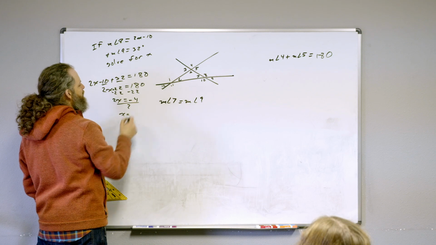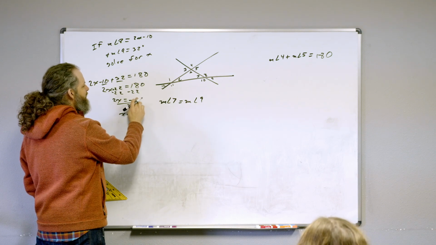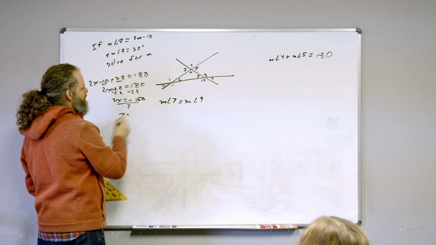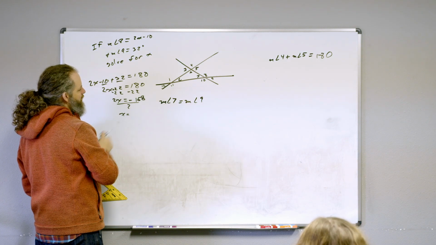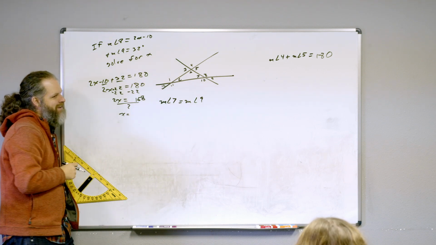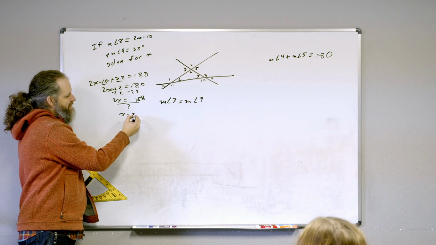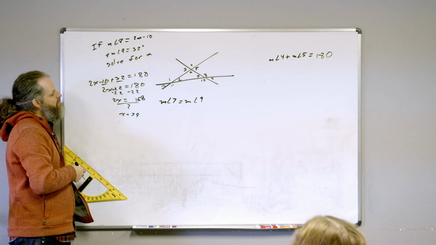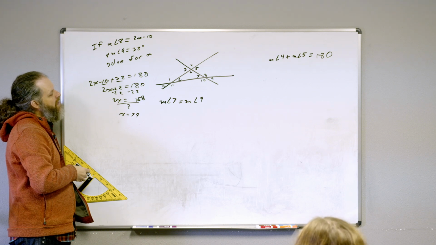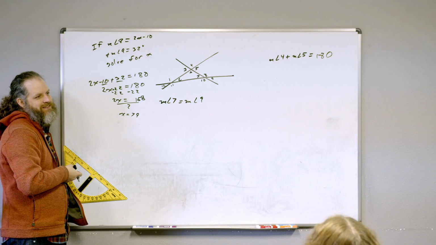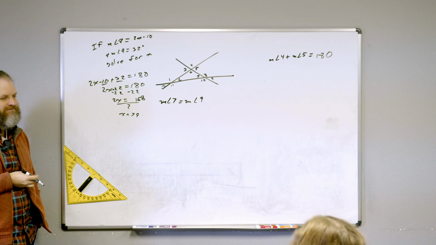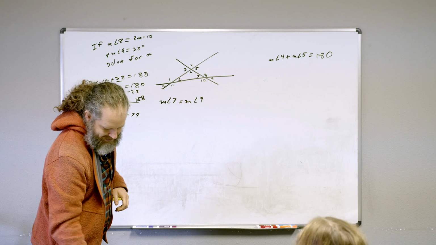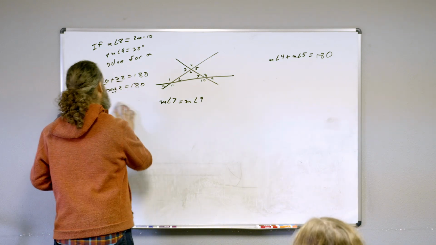Oh, there we go. That's going to make more sense. 158 divided by 2, which is going to be 79. That makes much more sense, because then 79 times 2 minus 10 would be the measure of angle 8, which is much more reasonable, right? Easy money? Haven't done anything that scary? Not such a big deal?